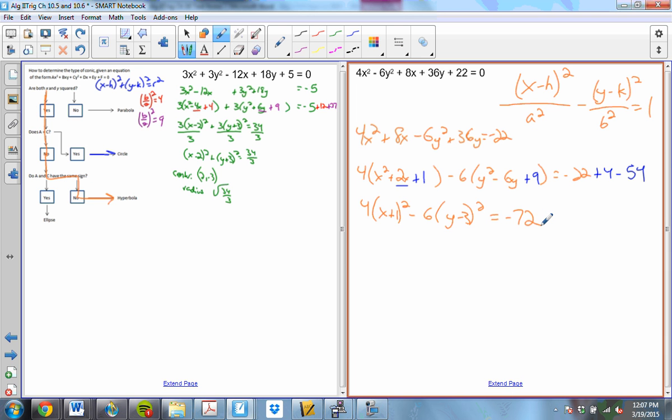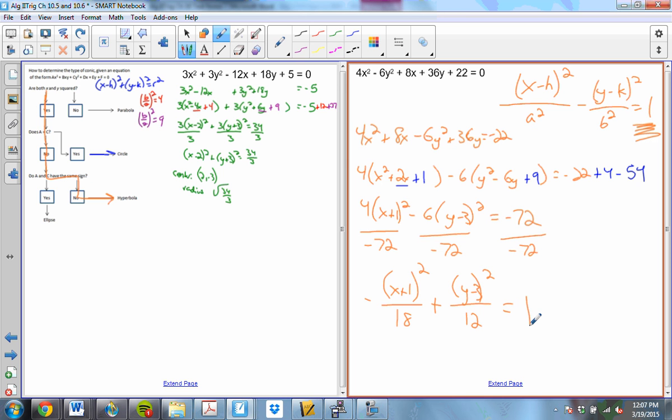Now, because this needs to be equal to 1, we're going to divide everything by negative 72. And that just involves reducing this fraction. So 4 over negative 72 is really negative x plus 1 squared over 18. Negative 6 over negative 72 becomes positive y minus 3 squared over 12.